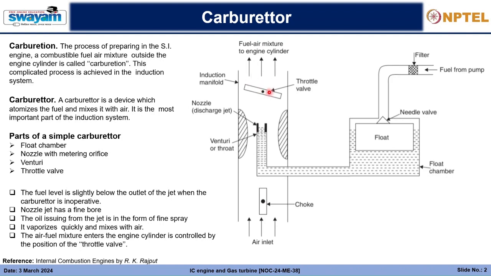When we put some pressure onto the foot pedal or the accelerator in the bike, the throttle valve opens up and gives a higher area for the fuel air mixture to go inside the engine cylinder. Accordingly, a large amount of fuel air mixture goes inside and solves the purpose for which it is done.